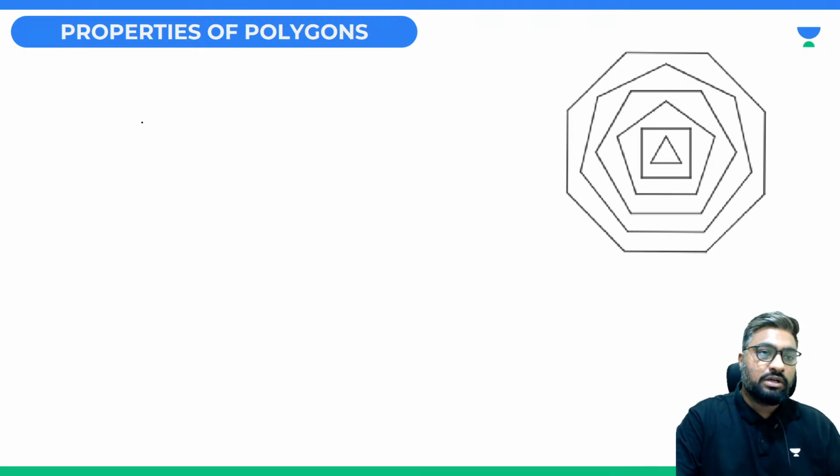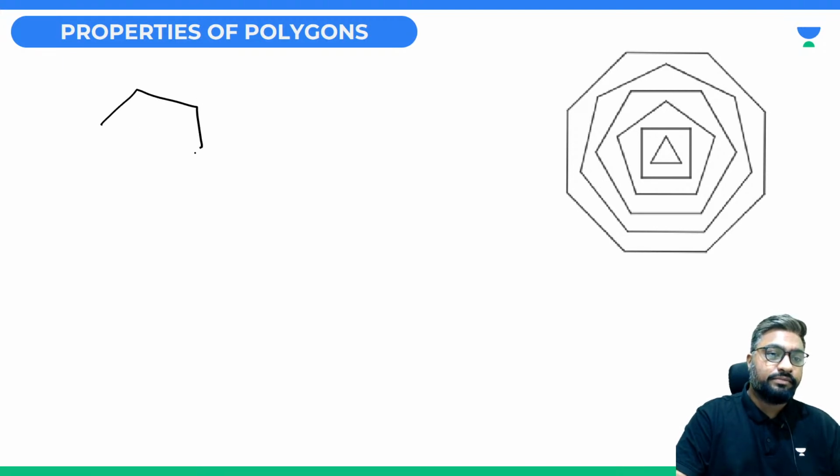So the deal with a polygon is, if I draw a shape, let's say I draw a shape like this, will this be considered a polygon?